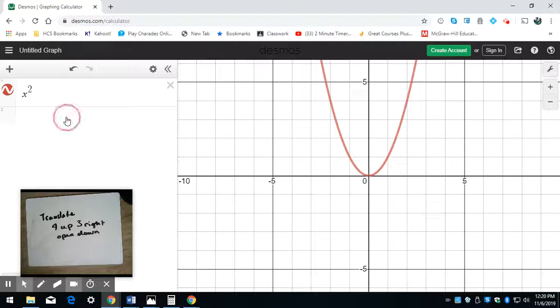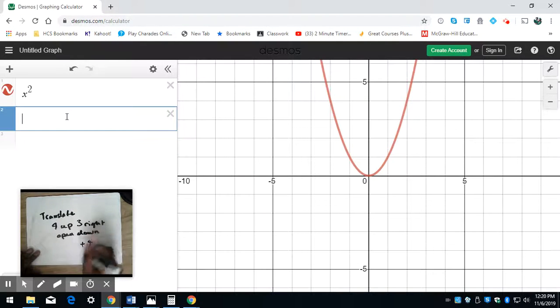Well, let's do it. 4 up. I know there's going to be a plus 4 on the outside. And I'm going to open down, so I know there's going to be a negative out there. So we're going to have x minus 3, because I'm going to the right, squared, plus 4.